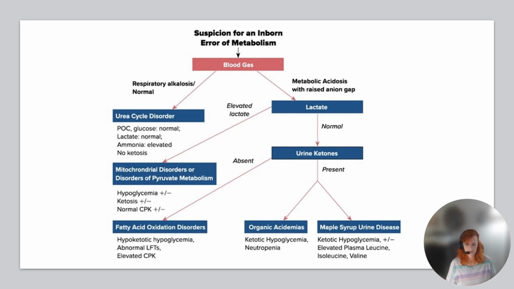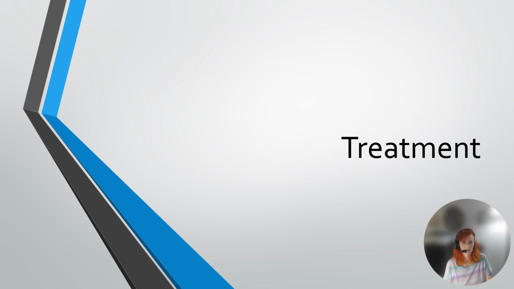So again, you can see your maple syrup urine disease: metabolic acidosis, respiratory alkalosis, okay? And then on the other side, you have your mitochondrial disorders or disorders of pyruvate. So just a nice quick chart I thought was interesting to share so you can see how important blood gases are.